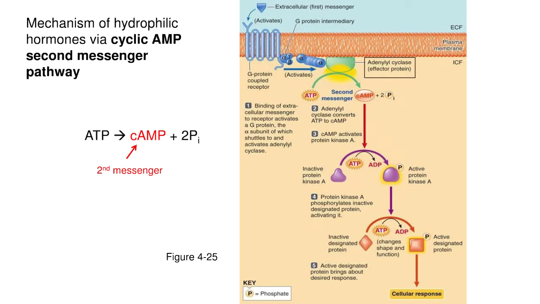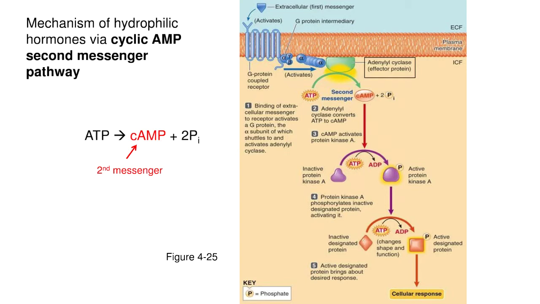It might dissociate the beta, or both the beta and the gamma. So again, a different response gets produced with the different specific receptor types. So in this case, an alpha moved, and that activated the effector protein, the green, just on the inside of the cell membrane. That's called adenylyl cyclase.